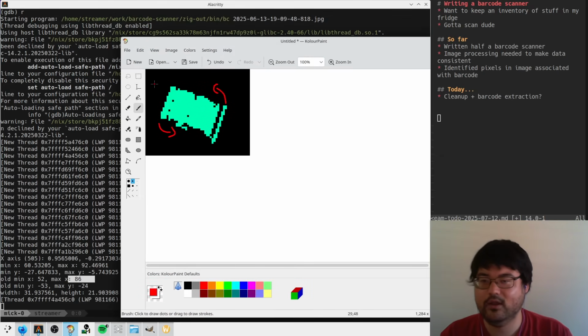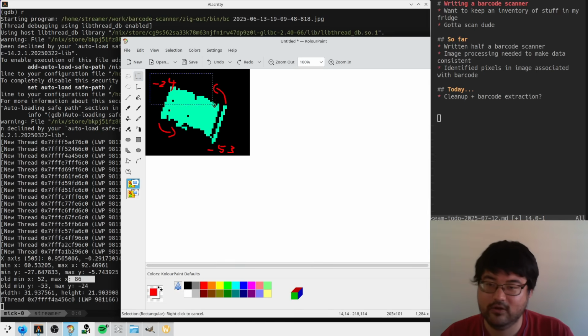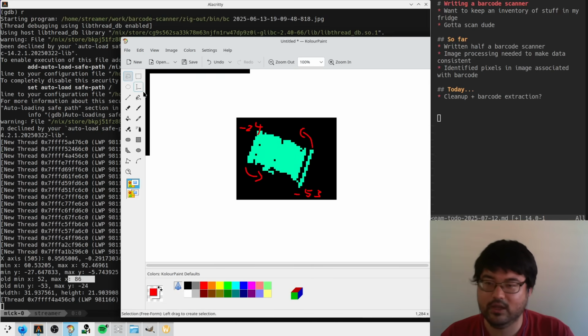Before we had min y as negative 24 and this is negative 53. Now, what are we expecting? We're expecting this to come down. Well, all of this is actually rotating around something way over here, right?